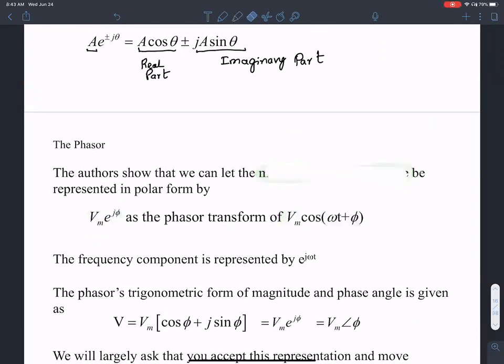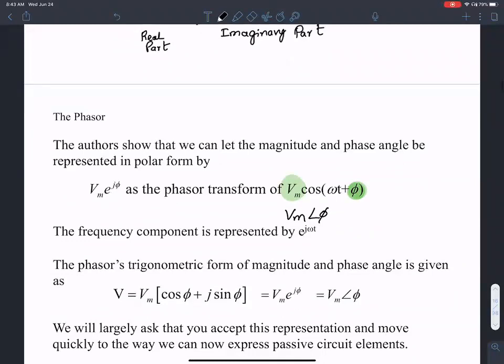If I have a sinusoid wave and I want to represent it in a more concise manner, I take the amplitude and the phase and represent them in one notation together. That is represented by a phasor. The frequency component is represented by e to the j omega t.